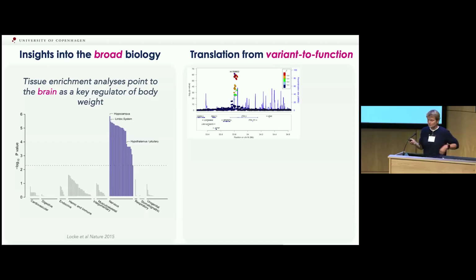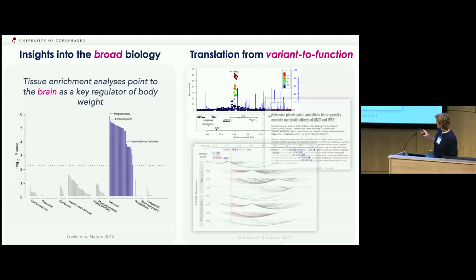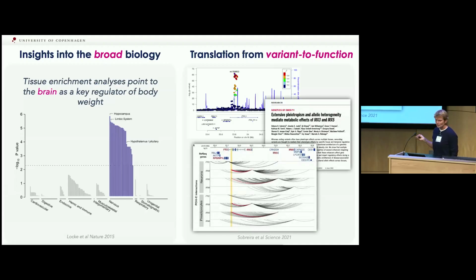So there was a little bit of discussion in the field, but over time things got clearer, and maybe this story got concluded with the paper in Science by Marcelo Nóbrega and Melina's team, where they concluded that the signal here in FTO within neurons and pre-adipocytes seems to reach to IRX3 and IRX5, and that may be the causal genes within this locus.